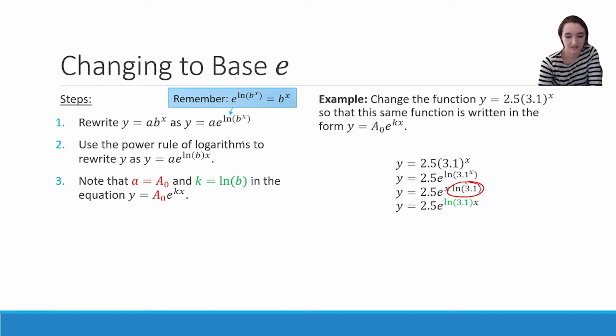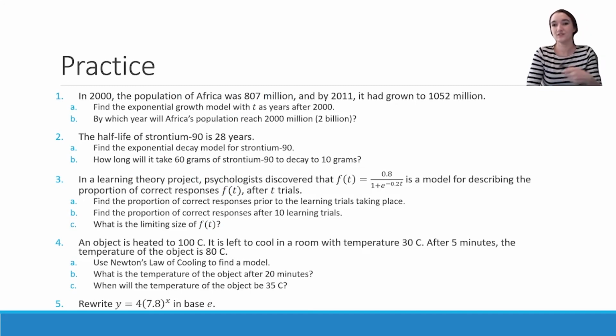So note that a, in this case, is the same thing as the initial value. It should stay the same the whole time. And k is simply just going to be ln of b. So you can memorize that directly and just rewrite it as a e to the ln b times x. And that's it. And so that's it for this unit, in fact.